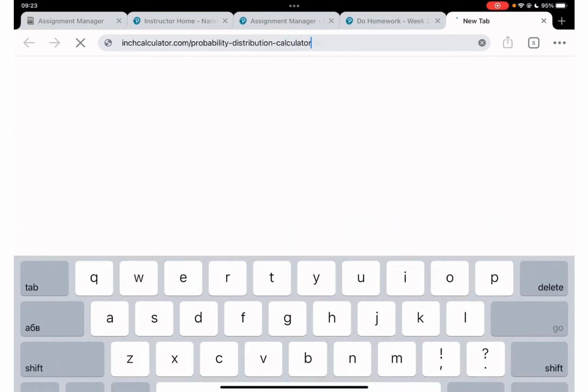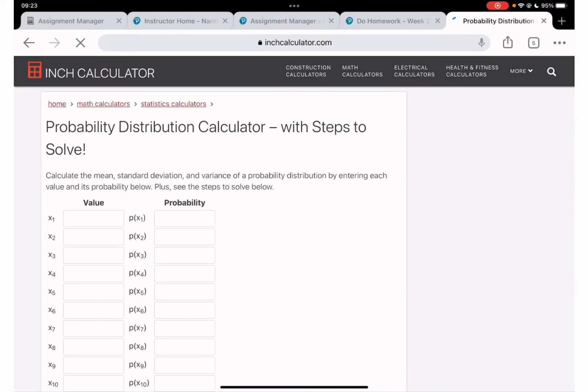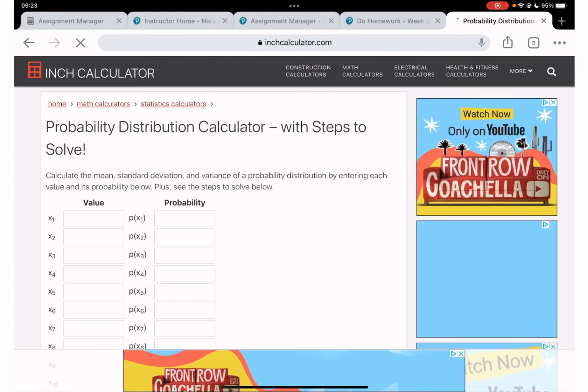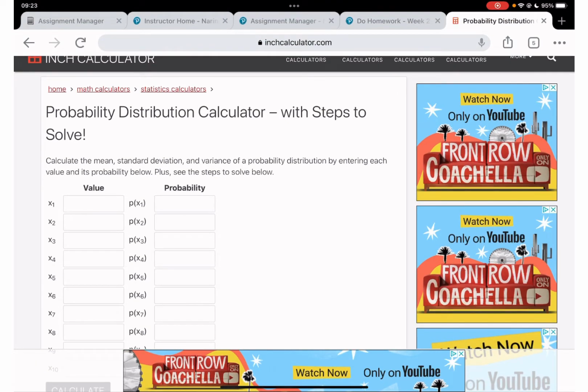Let's see if I typed it correctly and it brings it up. Bingo, perfect. And I'll place this link at the bottom of the video in the comments, okay?